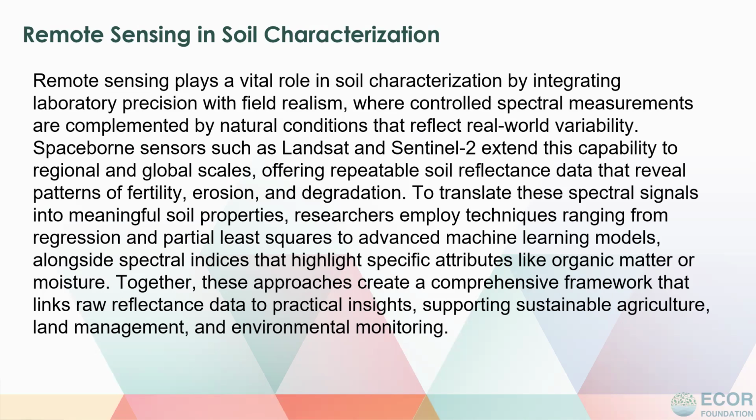Machine learning techniques, regression models, band ratios, and spectral indices help us to convert these spectral values into information like organic matter present in the soil, soil fertility, moisture content, and degradation status of the land. All this makes remote sensing an efficient tool for large area soil cover mapping.